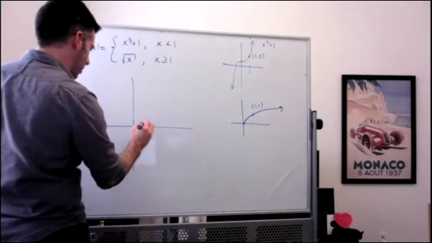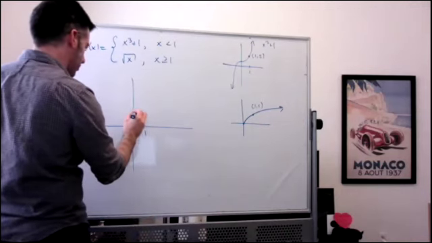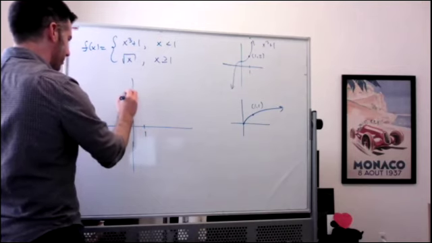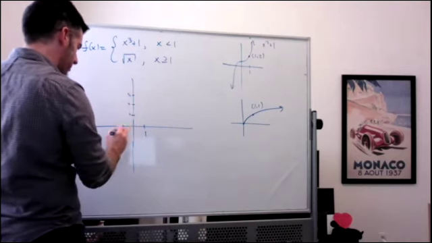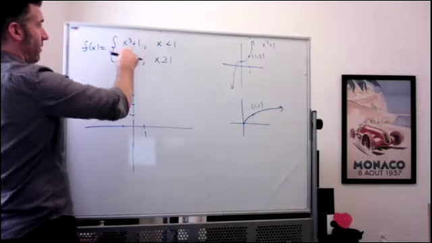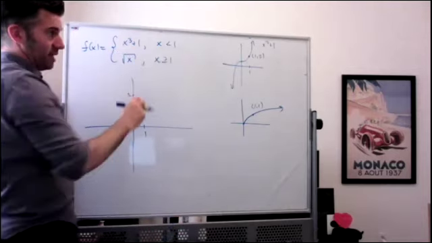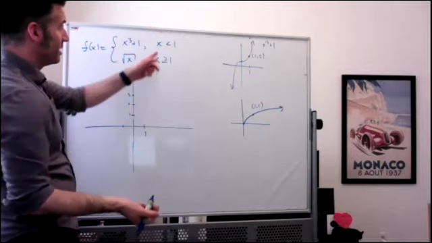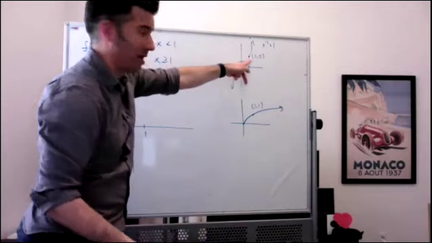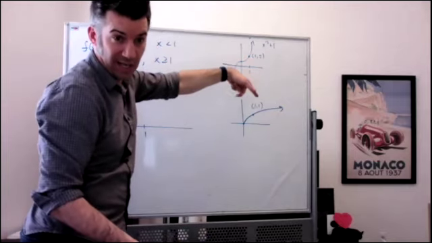So I know I care what's happening at 1. I have this graph x cubed plus 1 when x is left of 1. Since this is the less than and not equal to, this is the graph where you're going to get the hole if they're not connected.